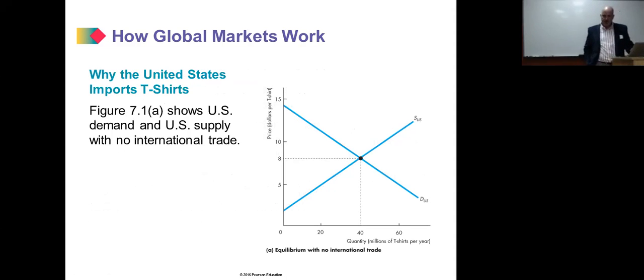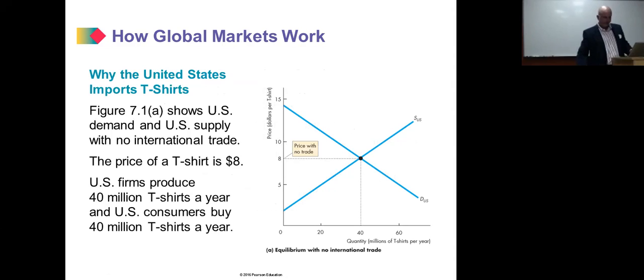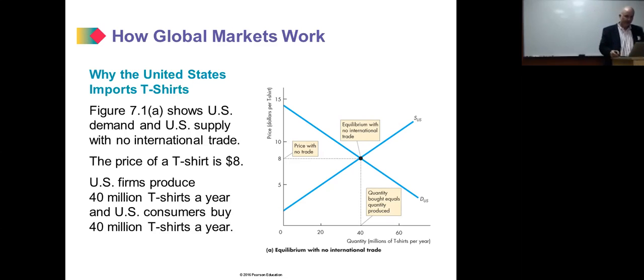So in figure 7.1, what we're going to be given right here: the U.S. demand curve is the blue line with D subscript US, and the U.S. supply curve is capital S subscript US.